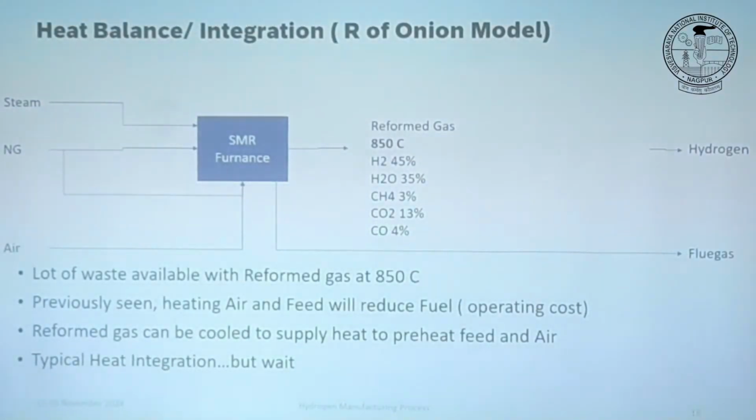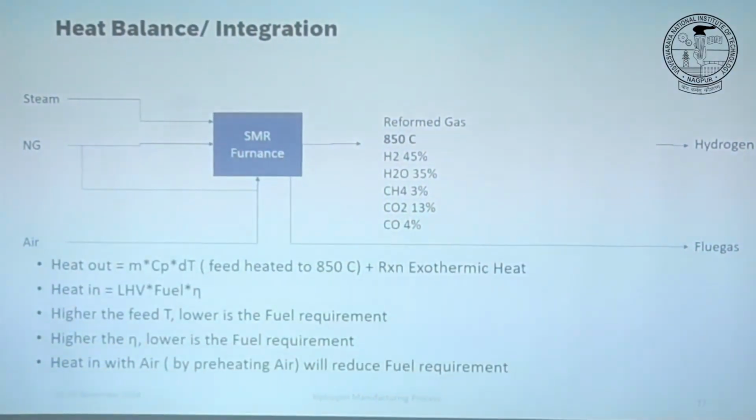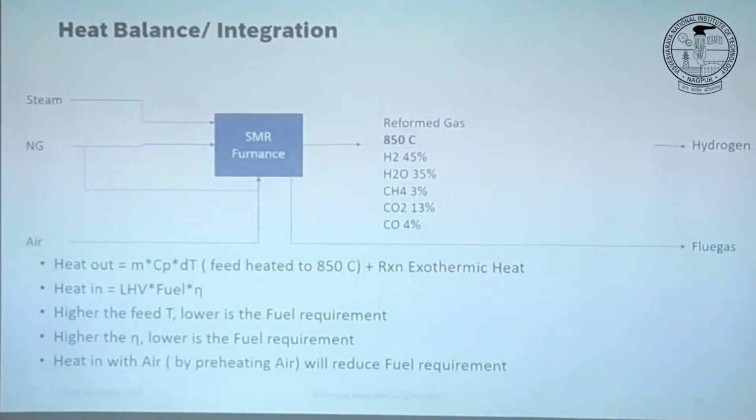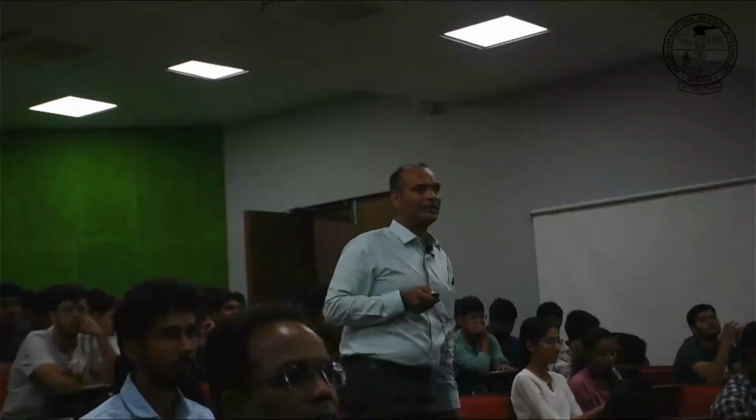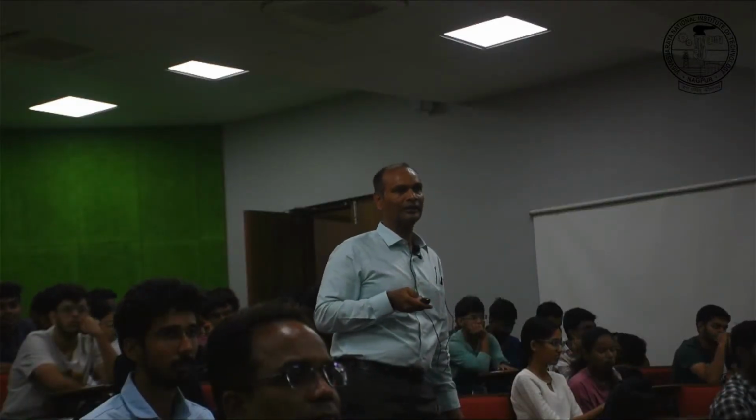So we already saw that heating air and fuel will reduce fuel. So heating air reduces fuel is what we saw here. And heating feed will also reduce the fuel requirement. That's what we saw here from this m Cp delta T. So the reaction temperature is 850. If we feed the natural gas at high temperature, definitely the heat requirement in the furnace or the reactor will be much lower, right?